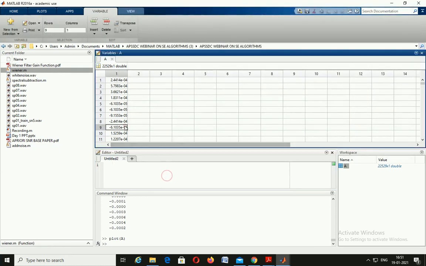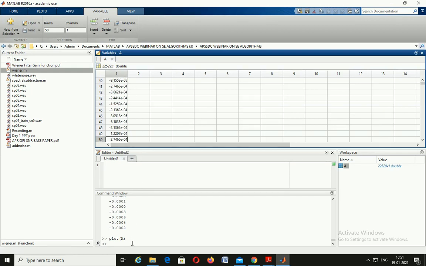As you move on, you can see the values here. Minus 6.1035e-05 indicates it is minus 6.1035 into 10 power minus 5. That is the actual meaning here. As you are moving like this, here it is zero amplitude, and you can see 0.2 like that. So like that you can read the values here.